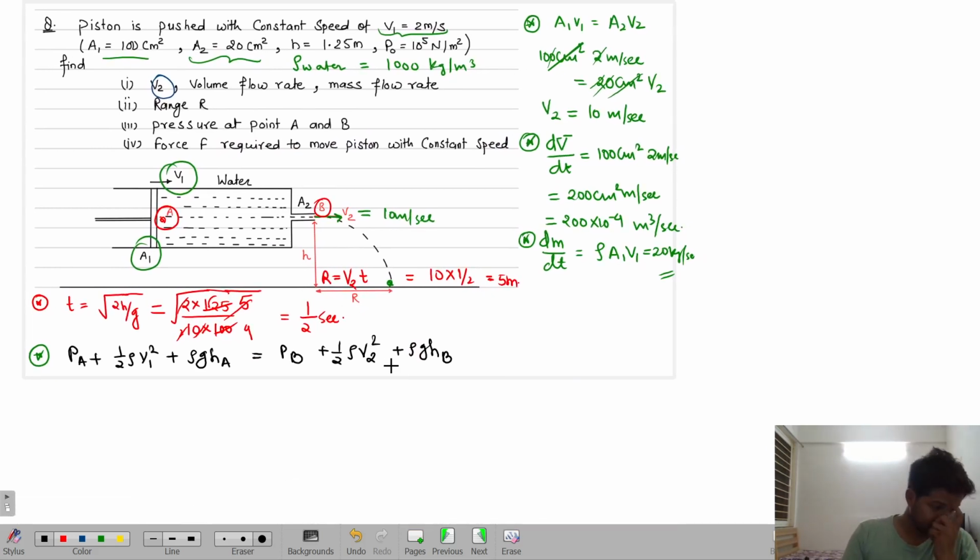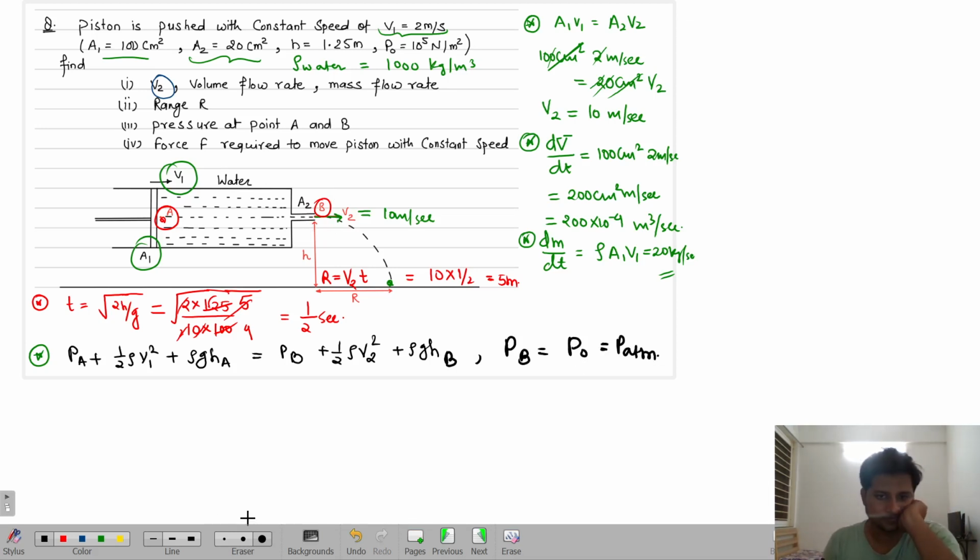Now look over here. If I think of B, then B is in contact with the air. If it is in contact with the air, then pressure at B is nothing but atmospheric pressure.